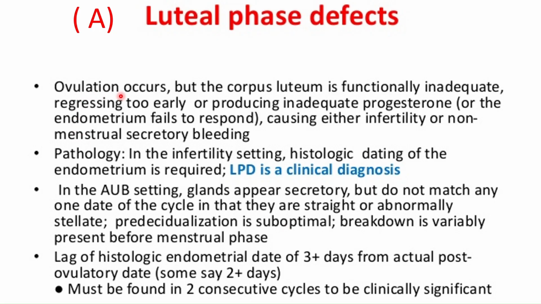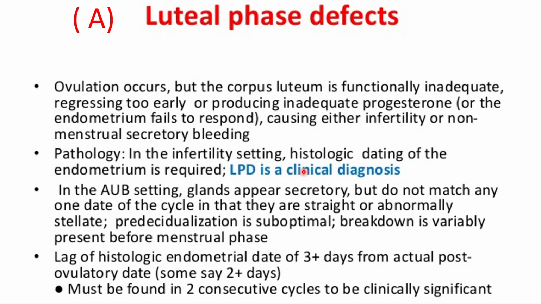Here ovulation occurs, but the corpus luteum is functionally inadequate. So there is a regressing corpus luteum very early and producing inadequate progesterone, or the endometrium fails to respond to it. This causes either infertility or non-menstrual secretory bleeding.